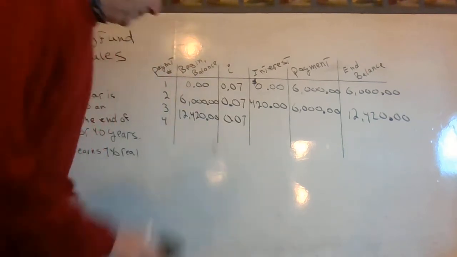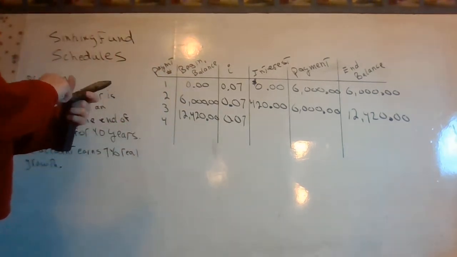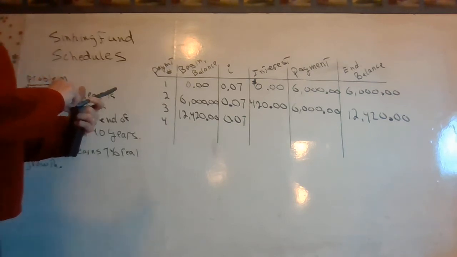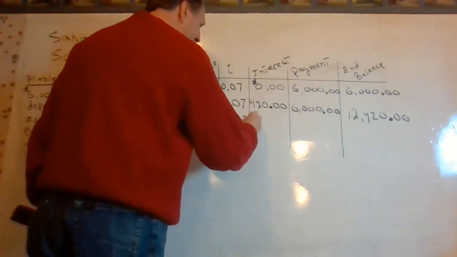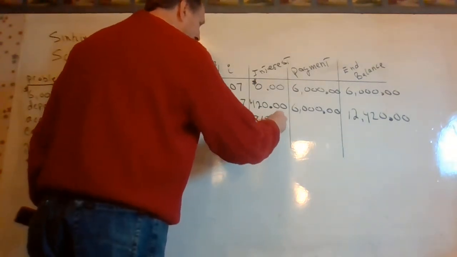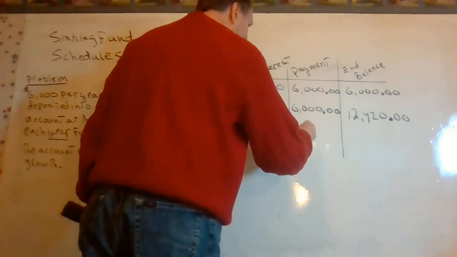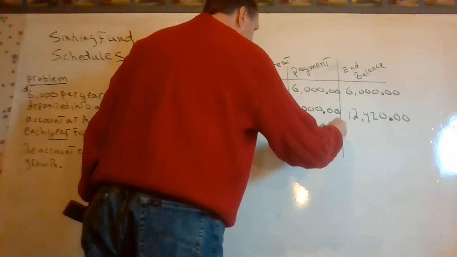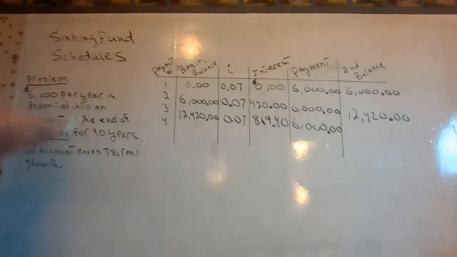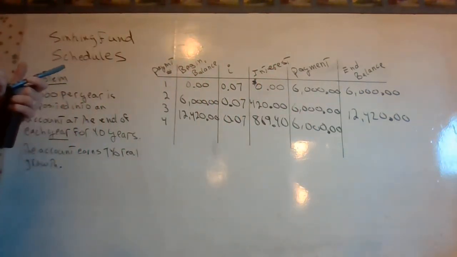And then, of course, we can multiply: 12,420 times 0.07 equals 869.40. And we make another payment of 6,000. And then we need to add it all up. And so we have 12,420 plus 869.40 plus 6,000.